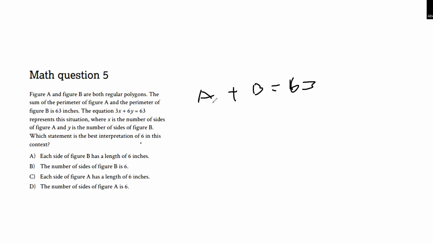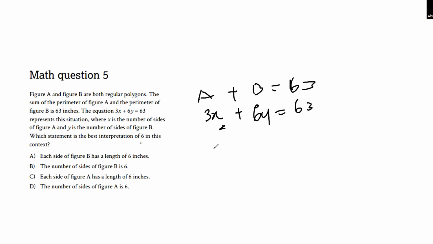So instead of having A here, we have 3x plus 6y, and it's equal to 63. Good. Where x is the number of sides of figure A, and y is the number of sides of figure B. Now, which statement is the best representation of 6 in this context?